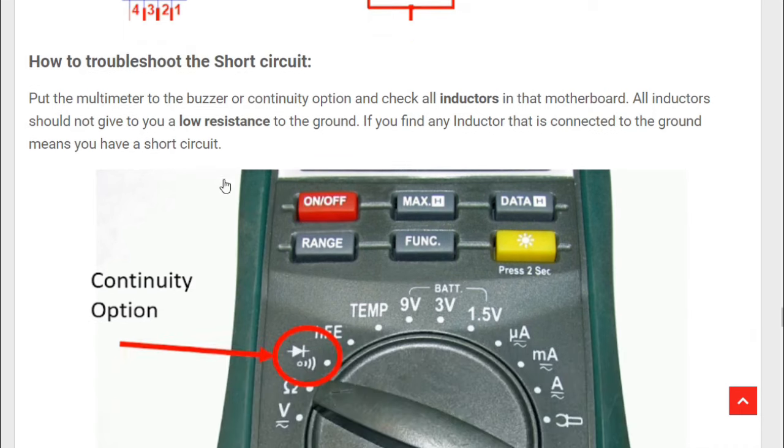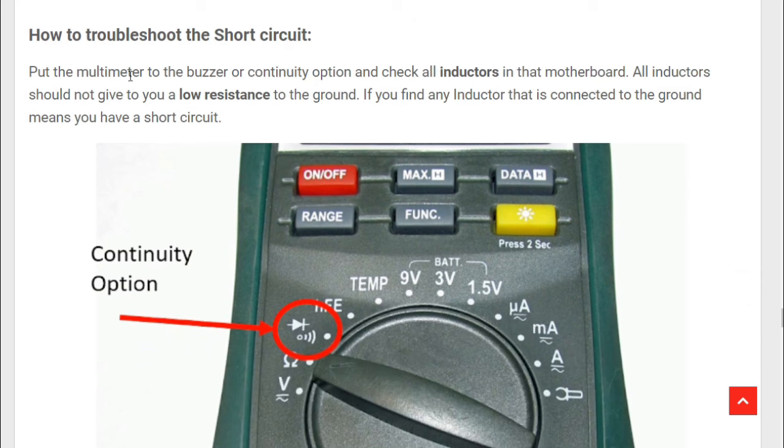How to troubleshoot the short circuit? Put the multimeter to the buzzer or continuity option, as you can see here. To check for a short circuit, you should use the multimeter, of course, choose the buzzer or the continuity option, and check all inductors in the motherboard.